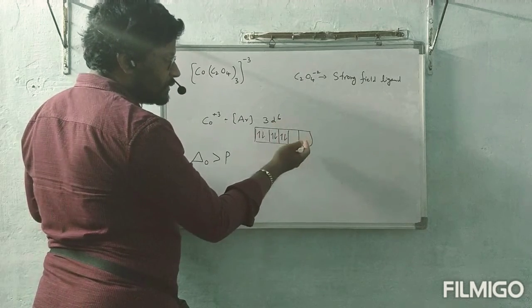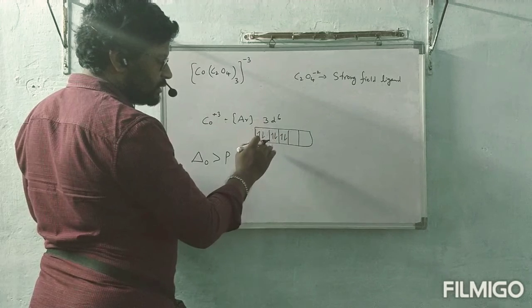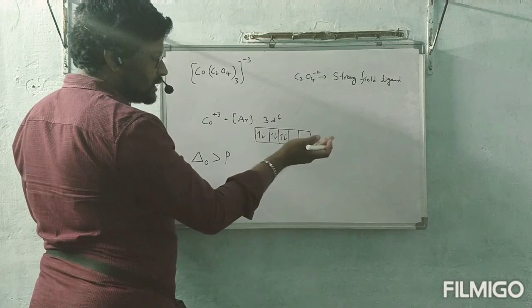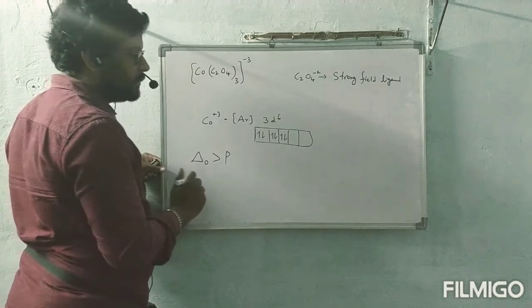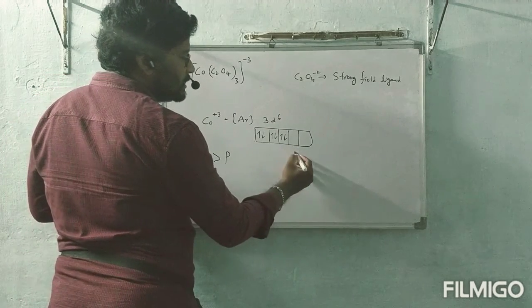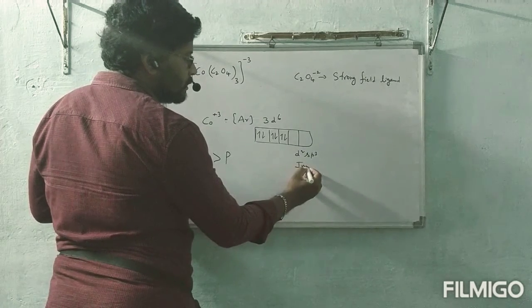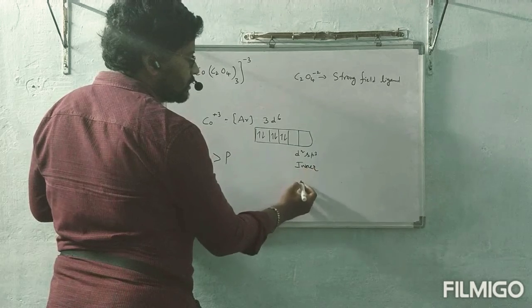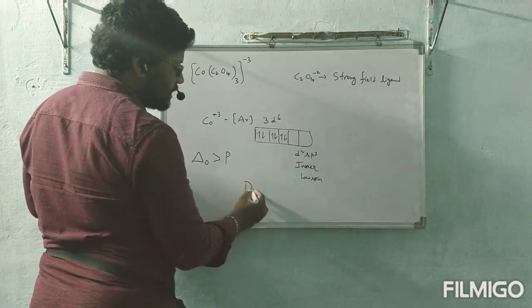Without entering into the 4th orbital, that electron is entering into the 1st. Next the 5th electron is entering into the 2nd. The 6th electron is entering into the 3rd. Why is the pairing taking place? Because delta naught is greater than P. Then this one will undergo d2sp3, inner orbital, low spin, and this is diamagnetic in nature.